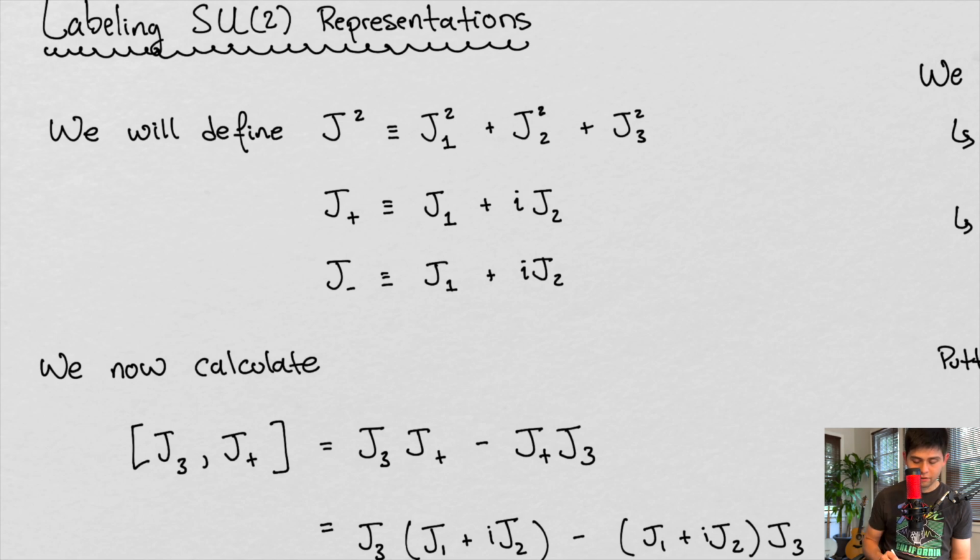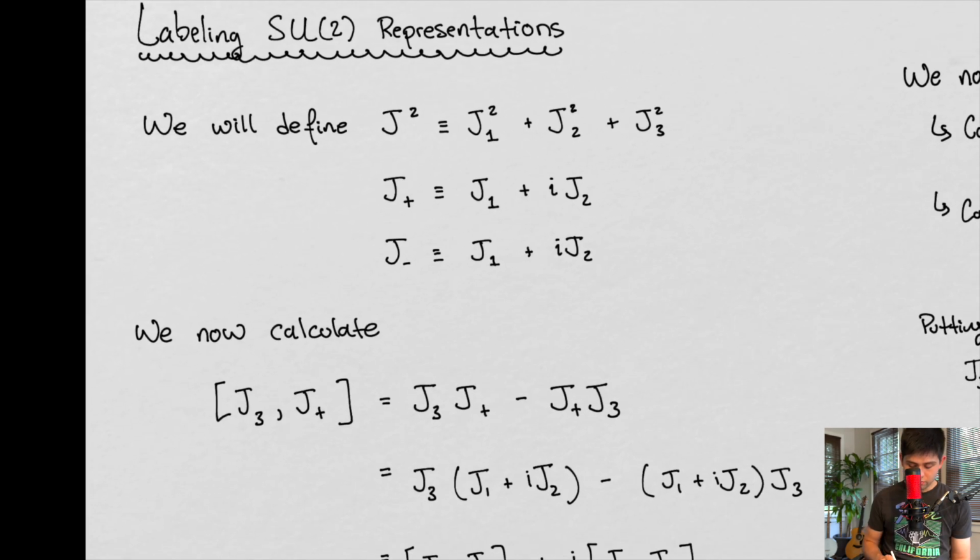What we're going to see is that these definitions are going to be really useful in helping us label representations. So we're going to define these two, J plus and J minus, as complex sums of these two independent generators. We don't have J3 in here, and we'll see why.